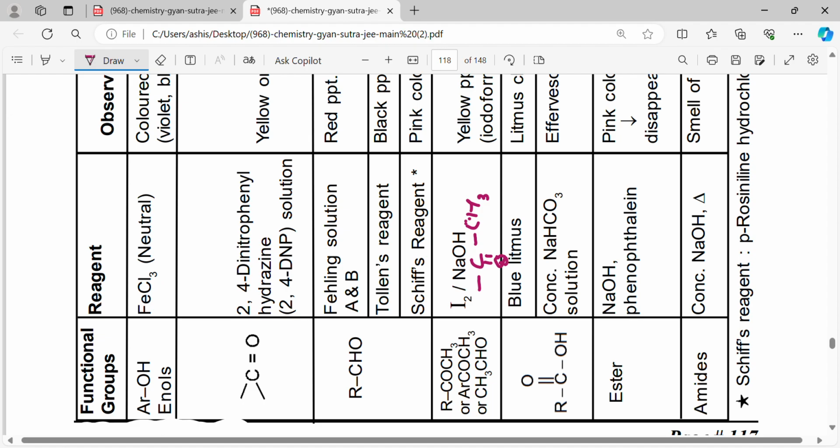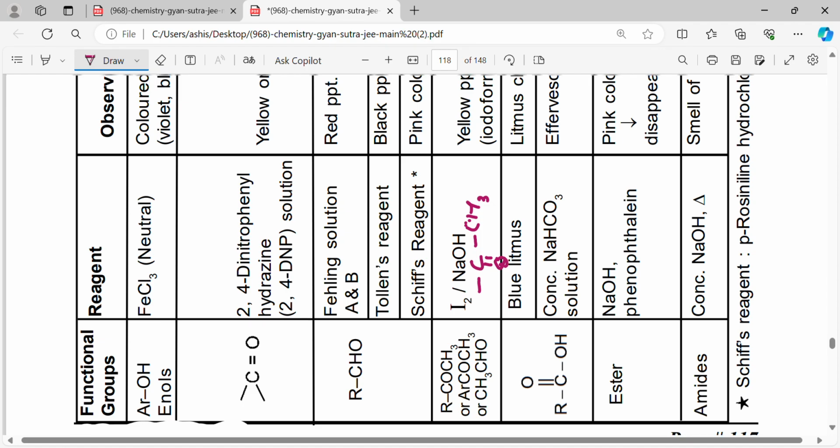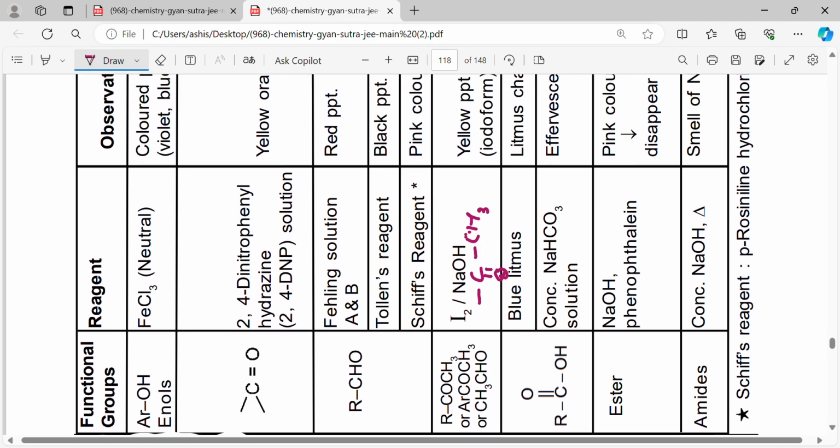For example, ethanol: if we oxidize ethanol, it will give us ethanal, and in ethanal the ketomethyl group is present. So ethanol can also give the iodoform reaction. So always remember, the iodoform reaction can be given positive by aldehydes and ketones, plus some alcohols can also give the iodoform reaction.